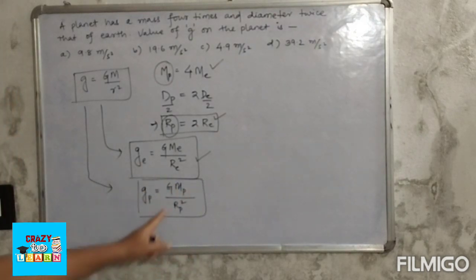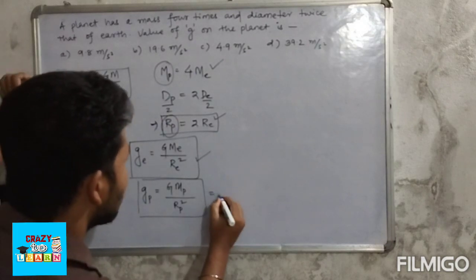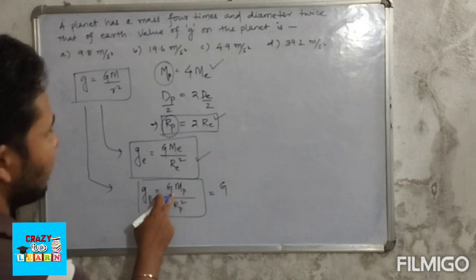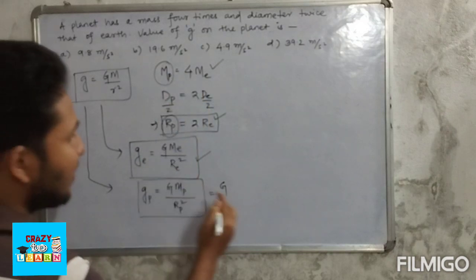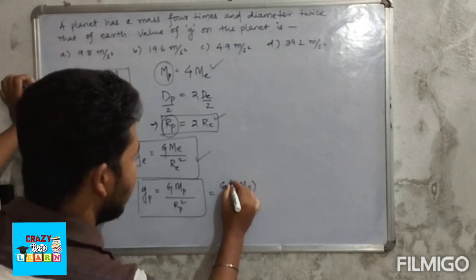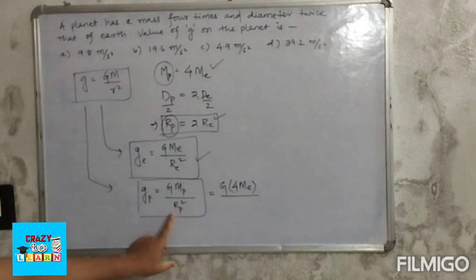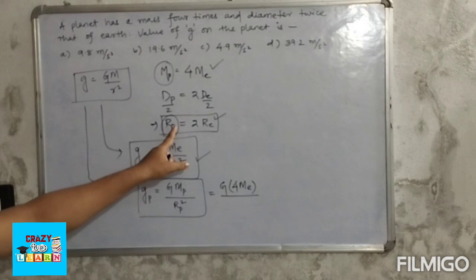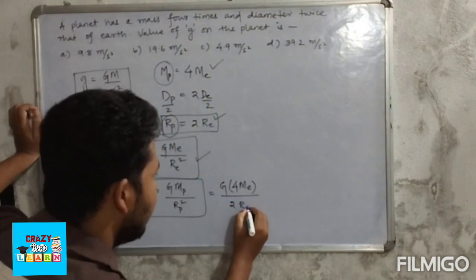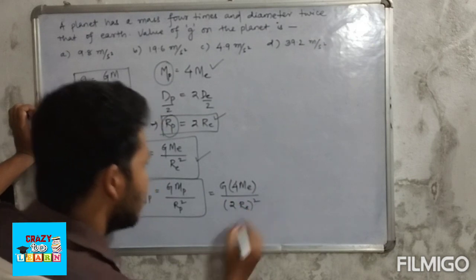Now in this formula just put the values. Capital G, the mass of the other planet is 4 times the mass of the Earth, so in place of M P I put 4 M E, divided by, in place of R P, the radius of the other planet is 2 times the radius of the Earth, so I put 2 R E whole square.